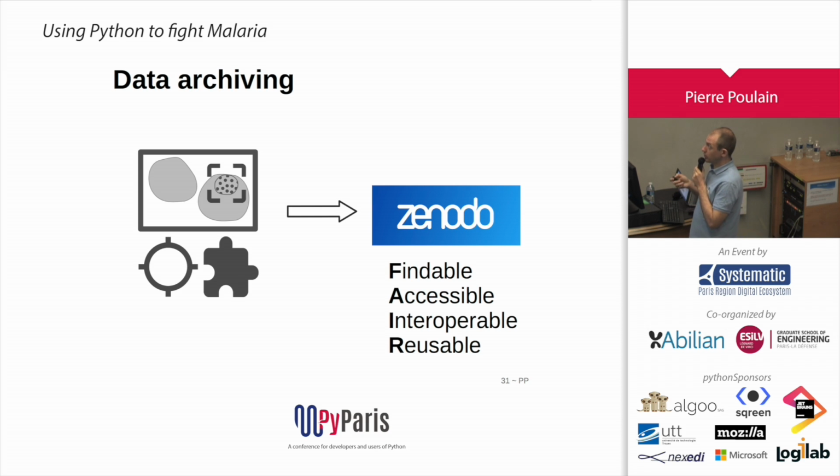The money comes from Europe and the IT facility from CERN, so it's pretty robust. And Zenodo implements the FAIR principles. It means that your data will be findable, accessible, interoperable, and reusable. This is very important for us, so that the data won't be lost anymore.